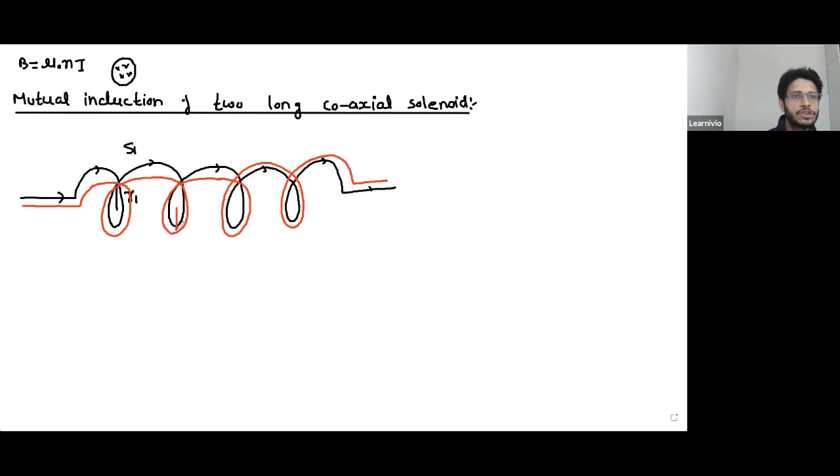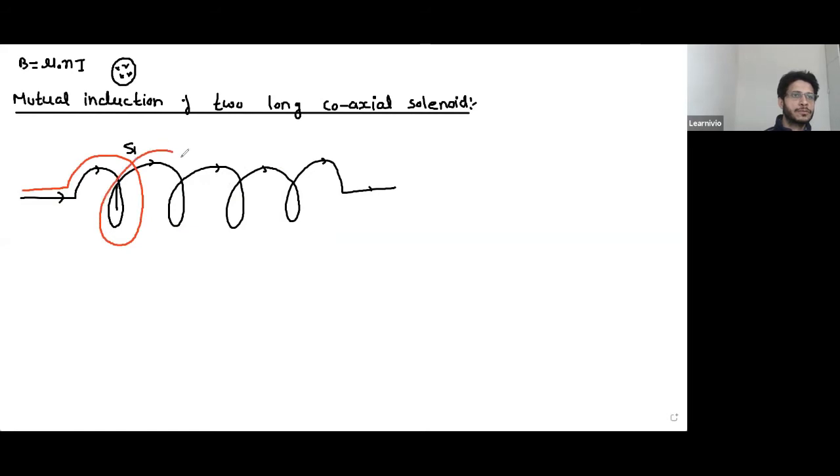The radius of S2 is R2. S2 is the outer one.